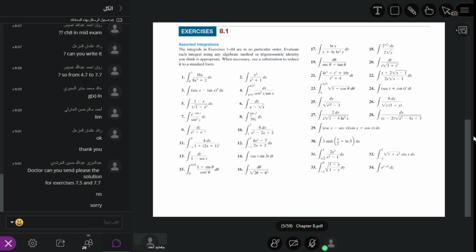If we have tan x, there are some points where the function is discontinuous, but sine x and cosine x are continuous everywhere.